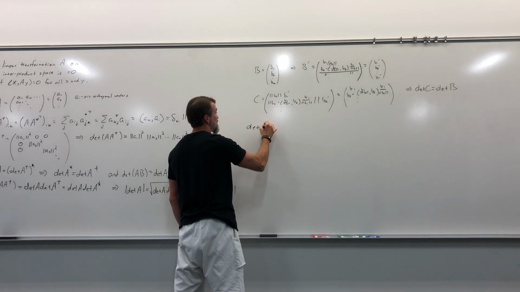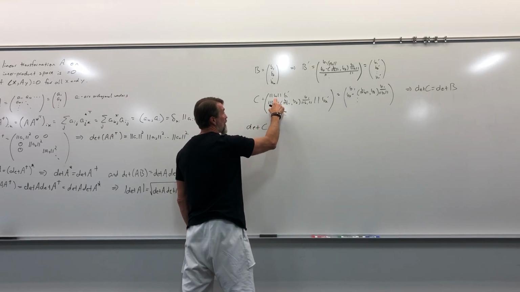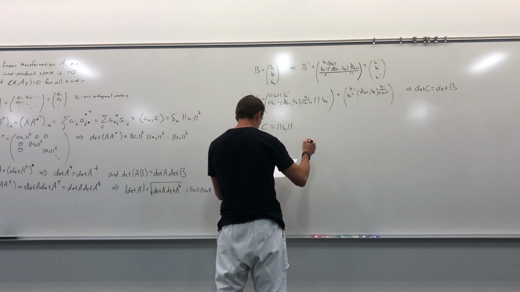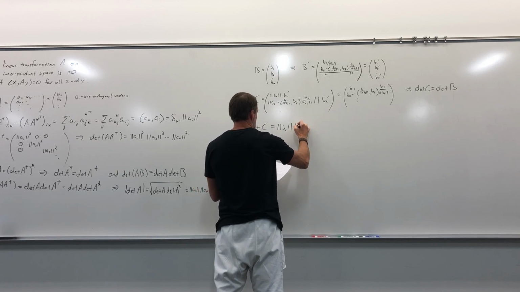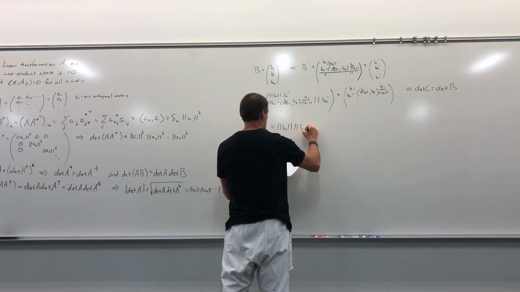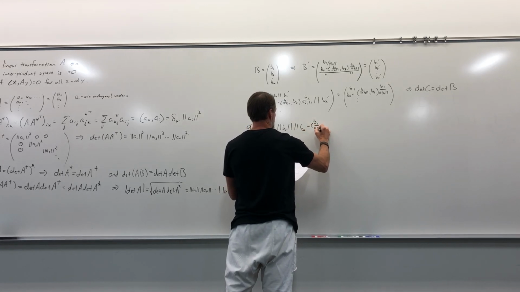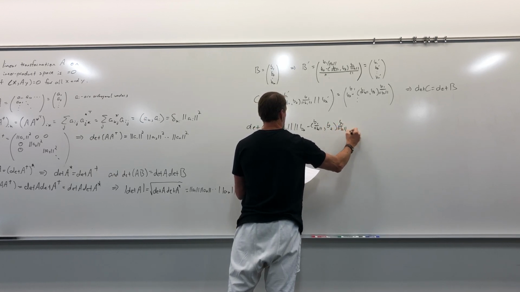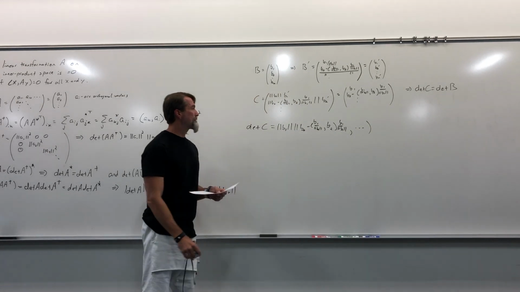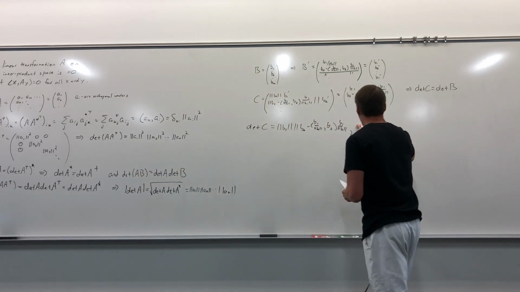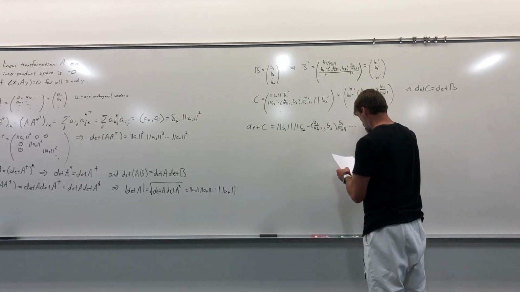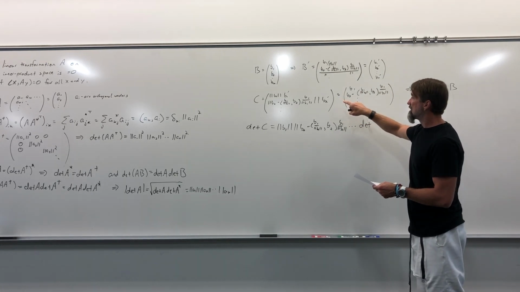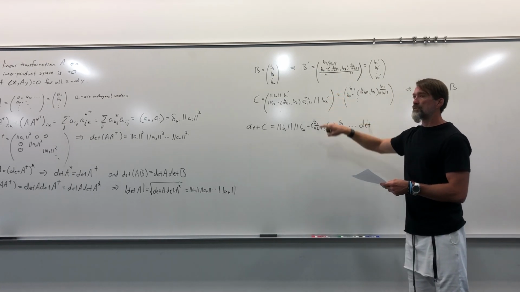So det C is going to basically be all of these constants pulled out, all multiplied together, times the determinant of a matrix which is composed of orthonormal vectors.